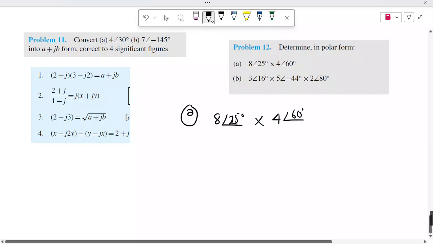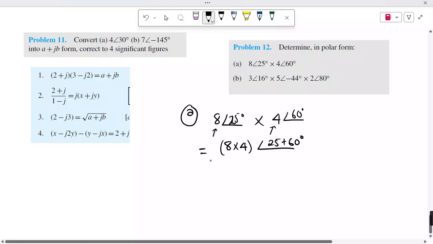If you're told to multiply these, you multiply the r, the magnitude, so you say 8 by 4. Then you add the angles, so you have 25 plus 60 degrees. 8 by 4 is 32.